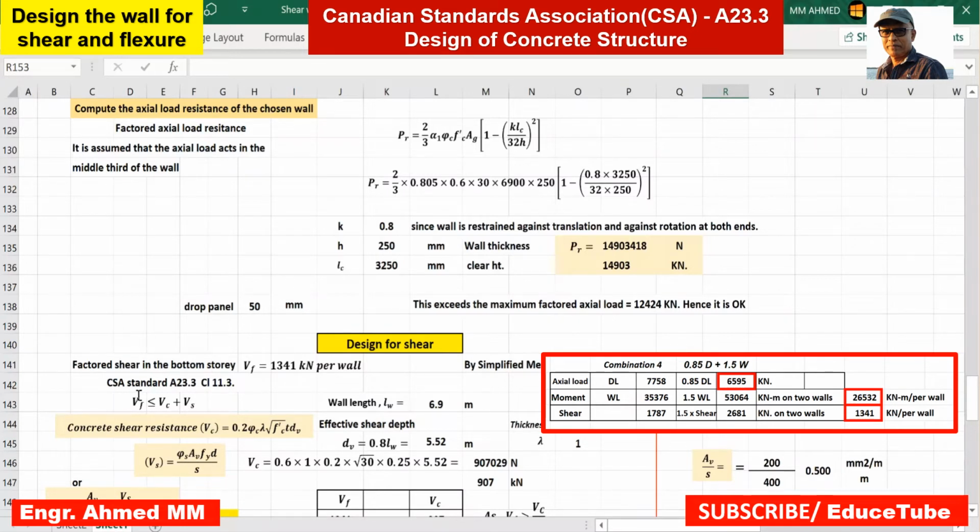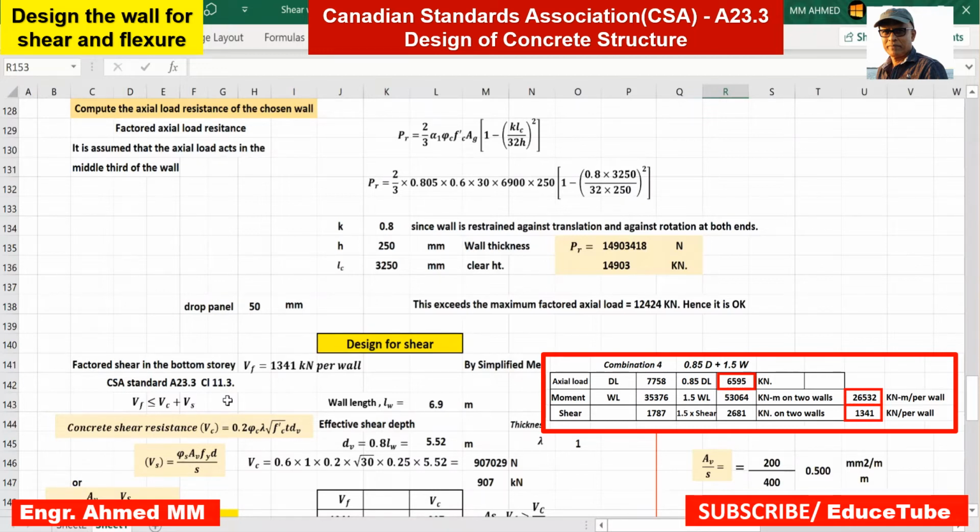But CSA standard says VF less than or equal to VC plus VS. This VC means shear force resisted by concrete and VS means shear force resisted by shear reinforcement.